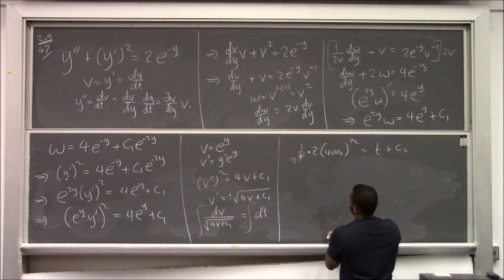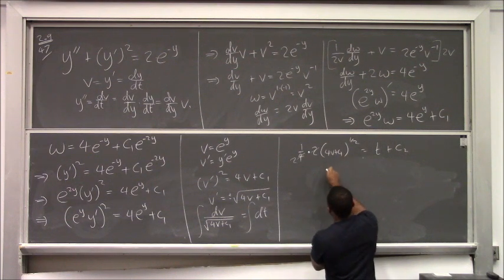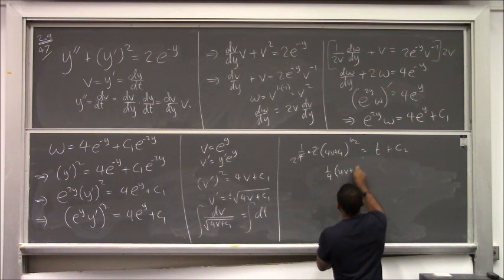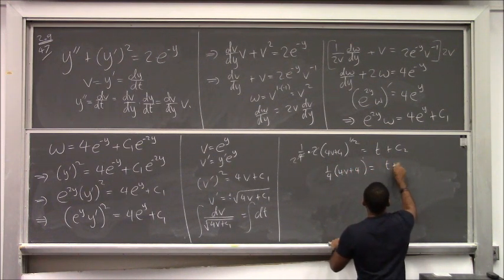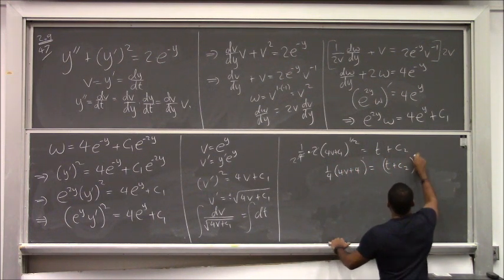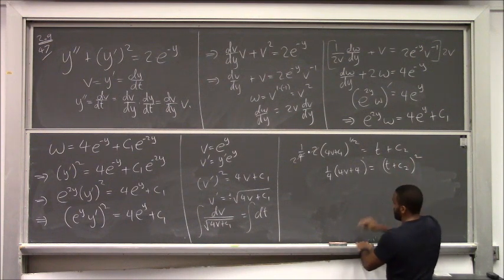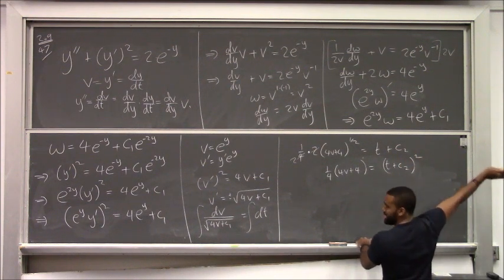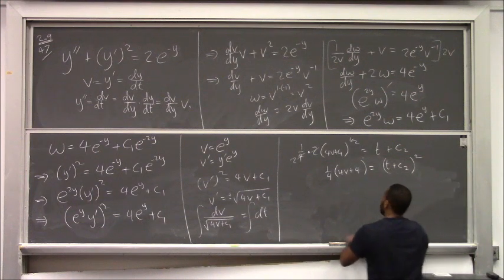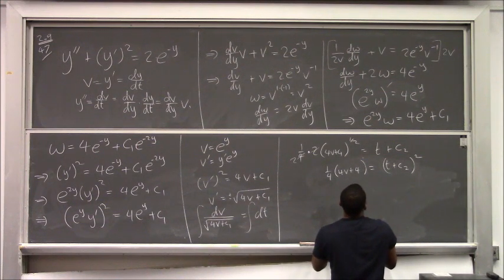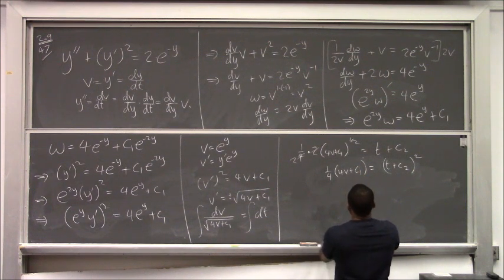Okay, so at this point, I squared both sides. So this will become one quarter 4v plus c1 equals t plus c2 all squared, because that part was in the answer in the book. Although writing it as t squared plus 2 wouldn't have mattered. That's not a 4, it's c1. 4v plus c1.